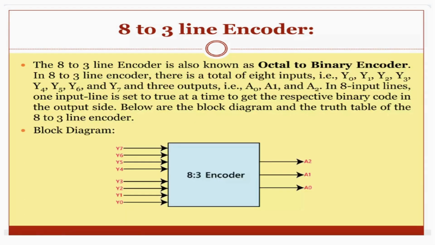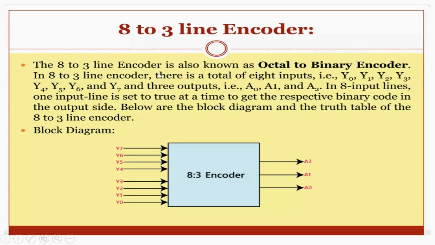Now we will see the 8:3 encoder, or you can also say octal to binary encoder, as we all know that octal has 8 digits. So you can say octal to binary encoder instead of 8:3 line, as you wish.